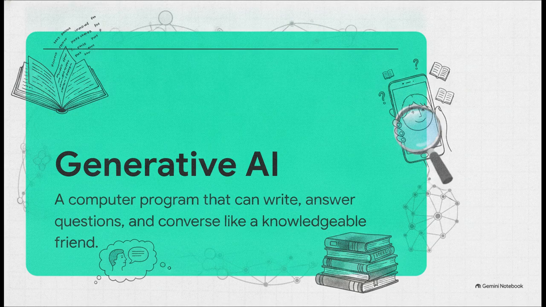But unlike traditional programs where you have to click a dozen confusing buttons to get anything done, this one can write, it can answer your questions, it can create images, and it can literally hold a conversation with you. I want you to just imagine texting a very knowledgeable friend who can instantly summarize a confusing Medicare document for you, or find the missing instruction manual for your grandson's new toy, or even help you draft a polite letter to your homeowners association. That is essentially what you are interacting with.